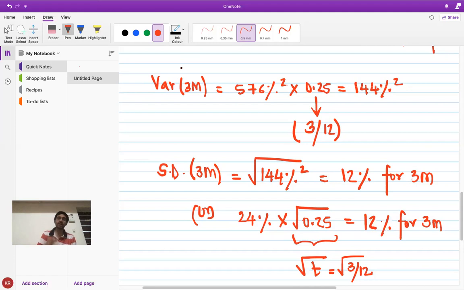You have to multiply it by square root of 3 by 12. Variance is proportional to time and standard deviation is proportional to square root of time. So these were the two concepts that I wanted to cover. Number one, volatility is captured in a single period binomial. And obviously, if it's captured in a single period binomial, it is captured in 2-period binomial also.